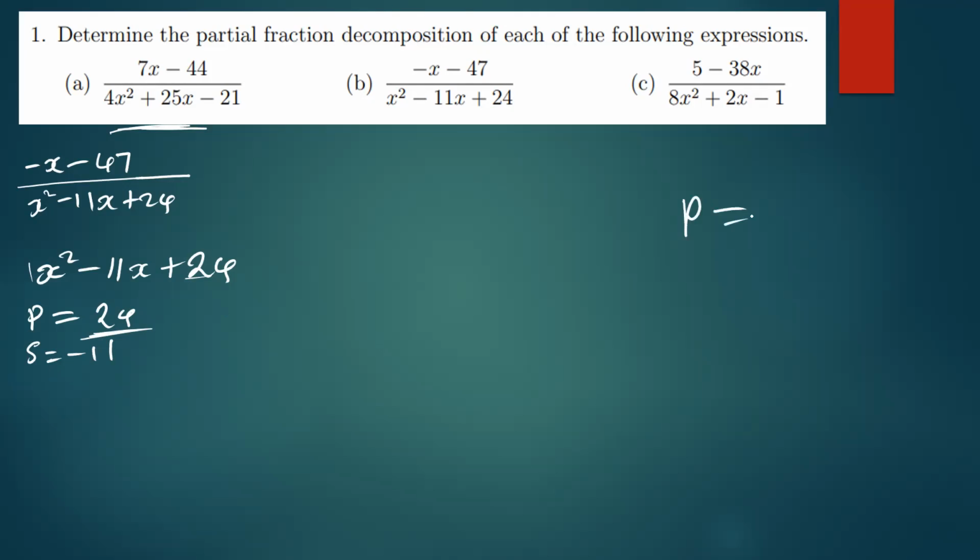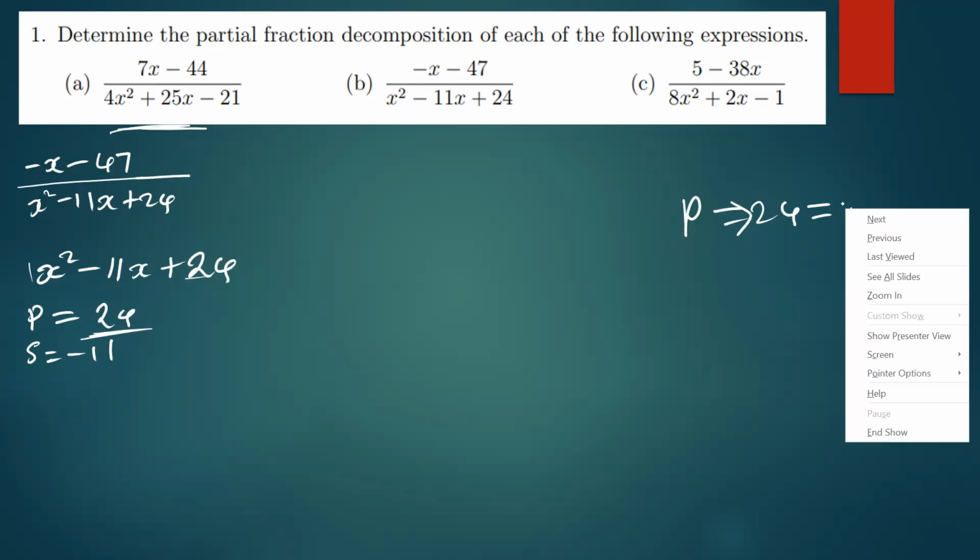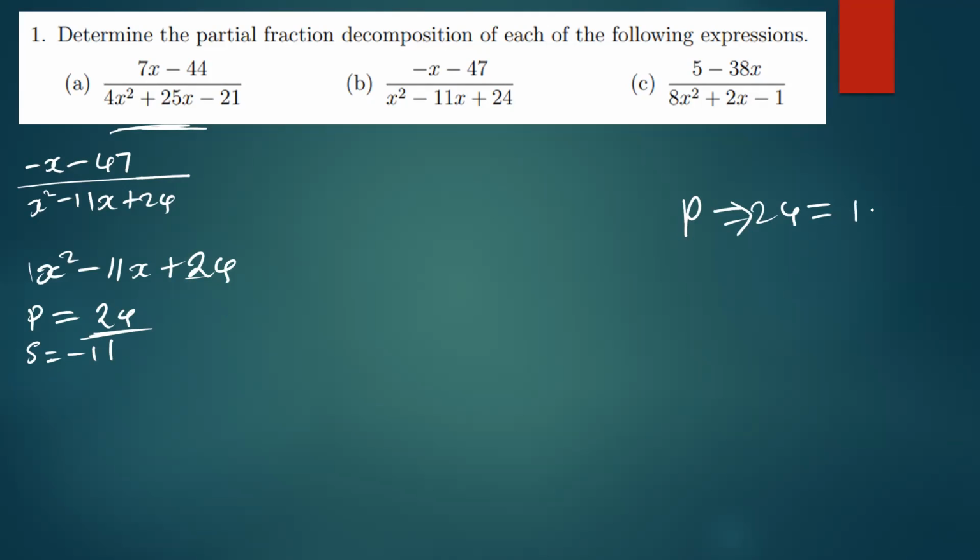So we have the product, which is 24. The first smallest number that we can multiply with to get 24 is 1, times 24. Then we can also say negative 1 and negative 24, we still get 24.